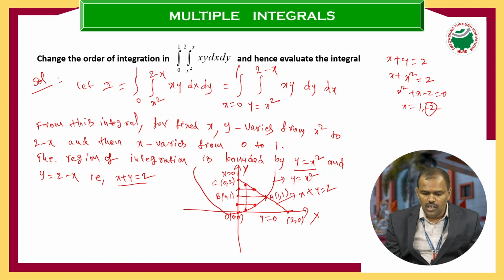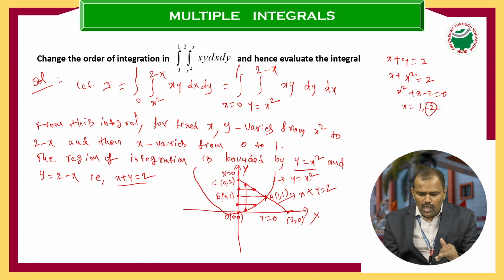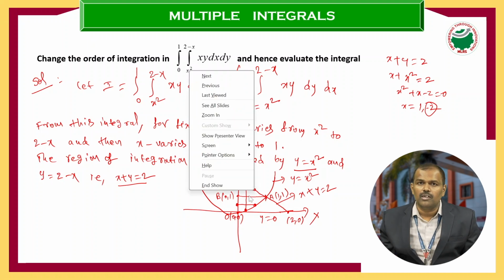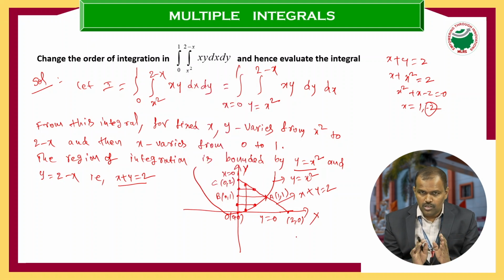We'll see very clearly. One edge is on the y-axis, that's okay. And coming to the other edge, it's not on the parabola, it is on the line. This is very simple, and one of the important identifications. So in the lower region, OAB, one edge is on the y-axis, another edge is on the parabola.